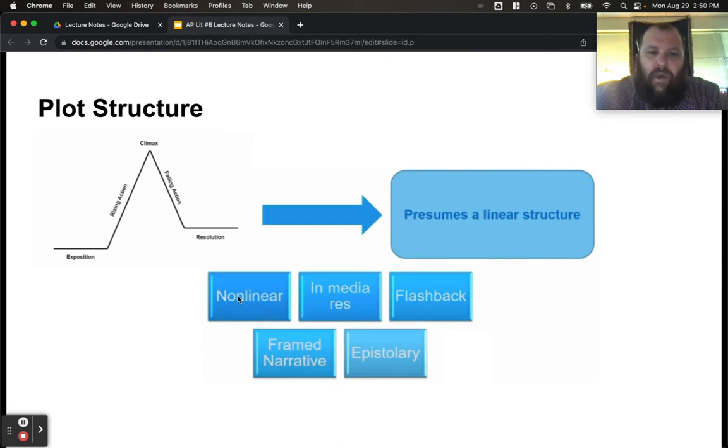But we also talked about stories that are nonlinear: in medias res, flashback, frame narrative, epistolary, and all of those different types, right? And so today I want to actually apply these ideas to a short story, The Story of an Hour.